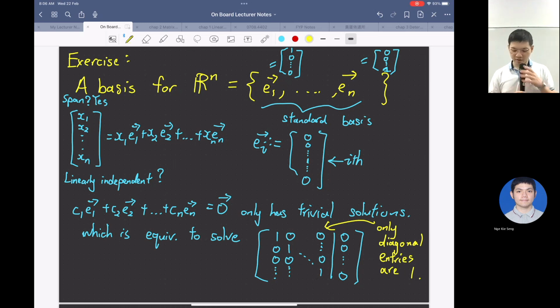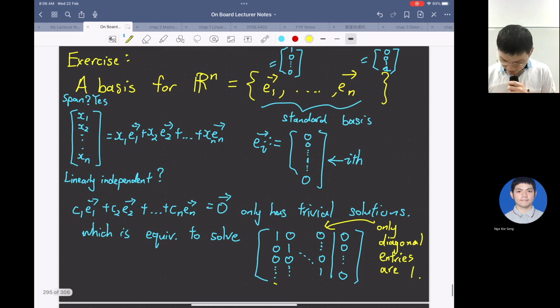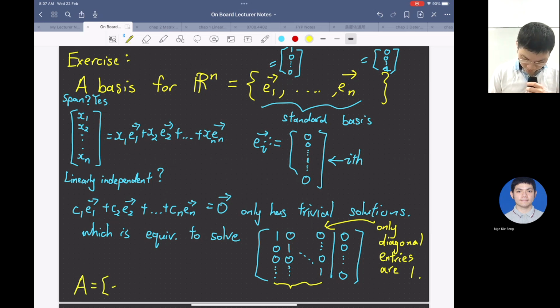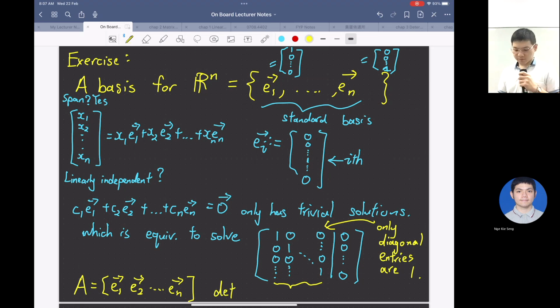Can you calculate the determinant of the matrix formed by e1, e2 up to en? Okay, one. Yeah, one. Okay.